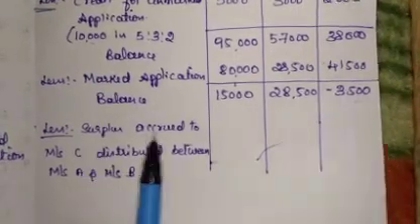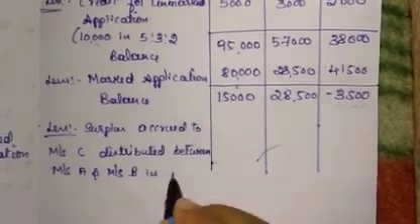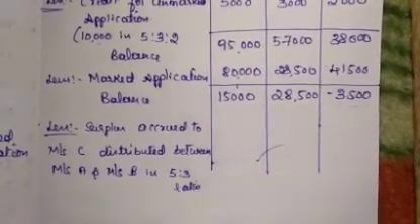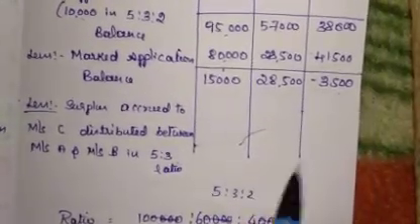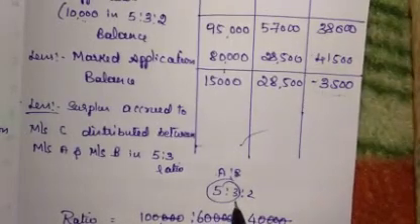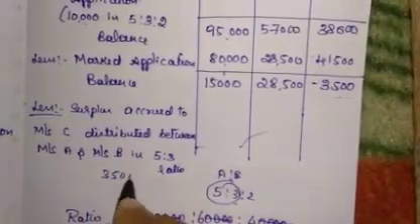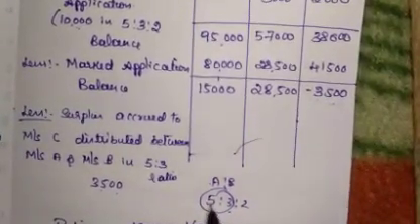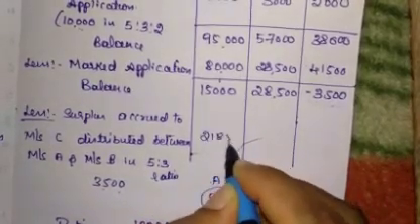Surplus accrued to C is distributed between A and B in 5:3 ratio. See, the original ratio was 5:3:2 and now we have to share among A and B, so the ratio of A and B is 5:3. So the total 3,500 surplus we have to share: 3,500 into 5 by 8, for A it is 2,188.